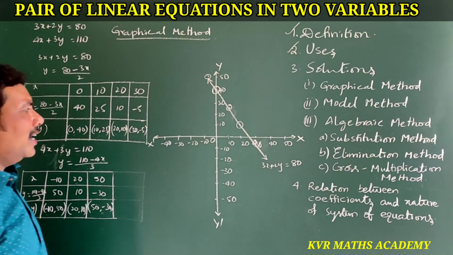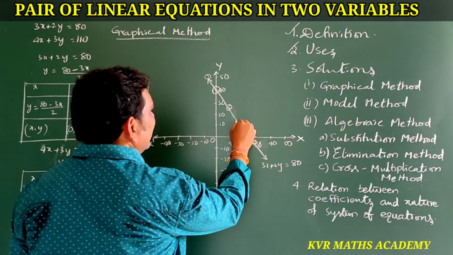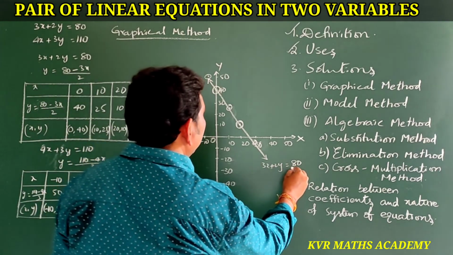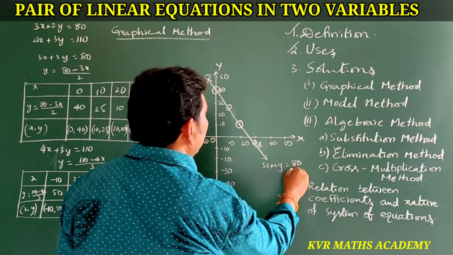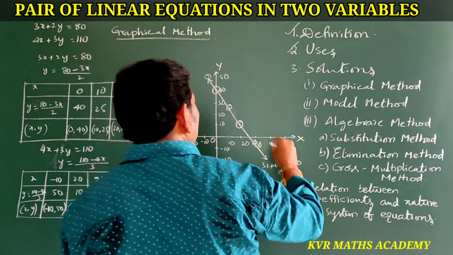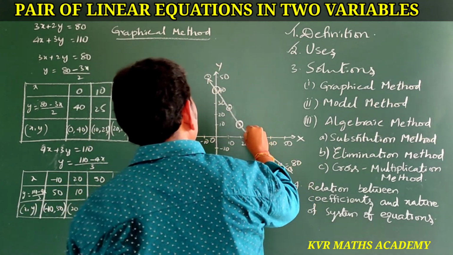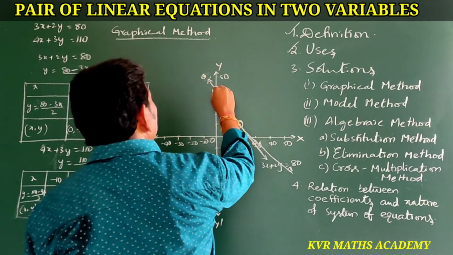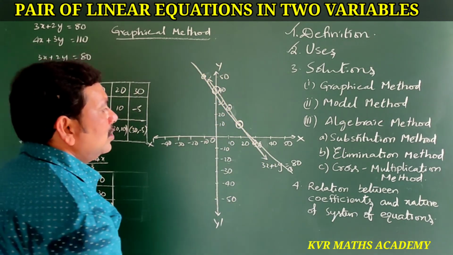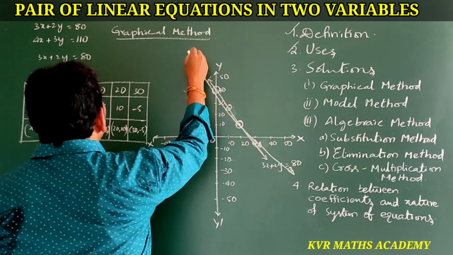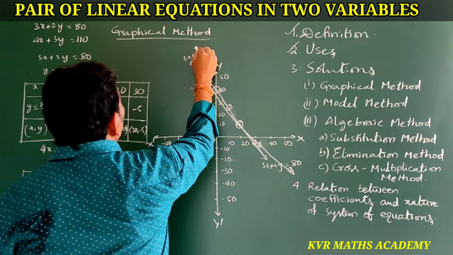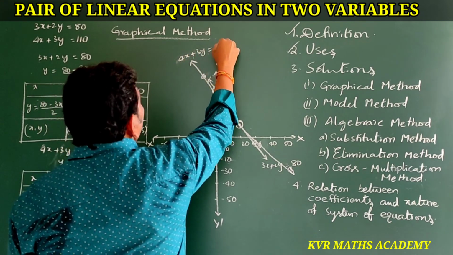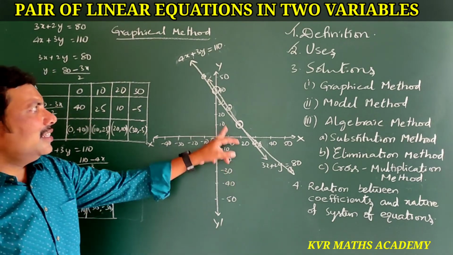Next 20 comma 10, this here. 50 comma minus 30. See here. So this will be like this. So this is the straight line, 4x plus 3y is equal to 110. Right? This is the straight line.